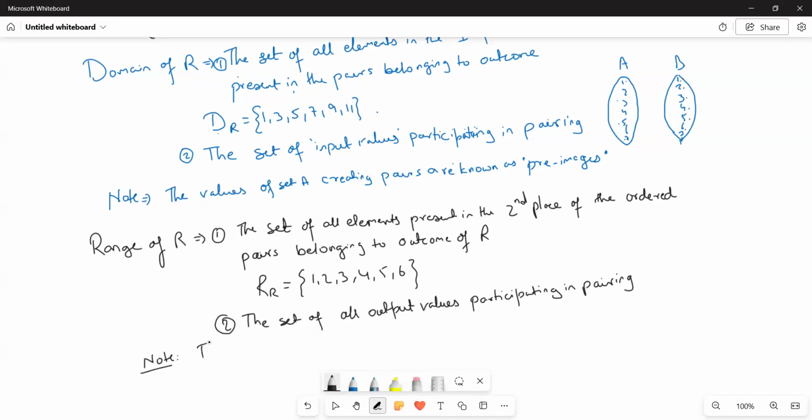And then note the values of set B that participate in pairing are known as images.